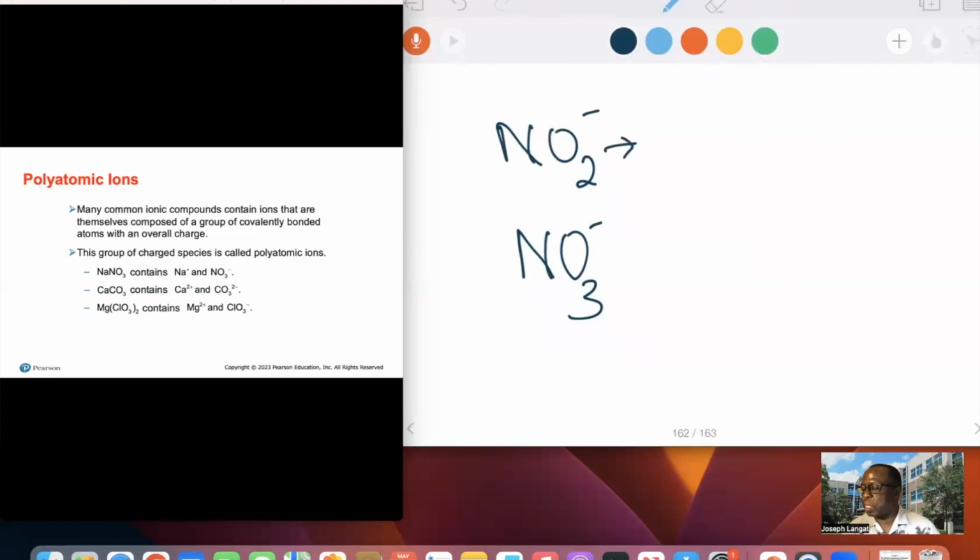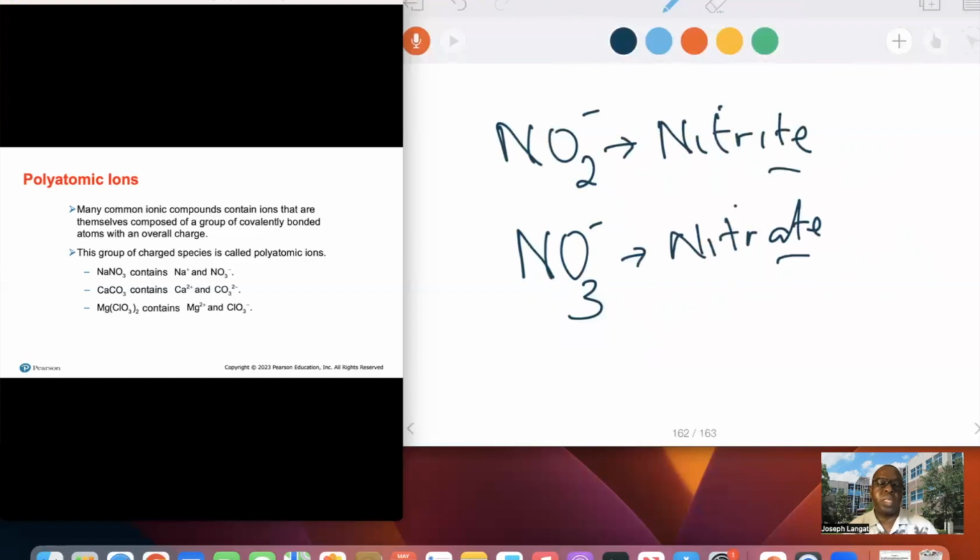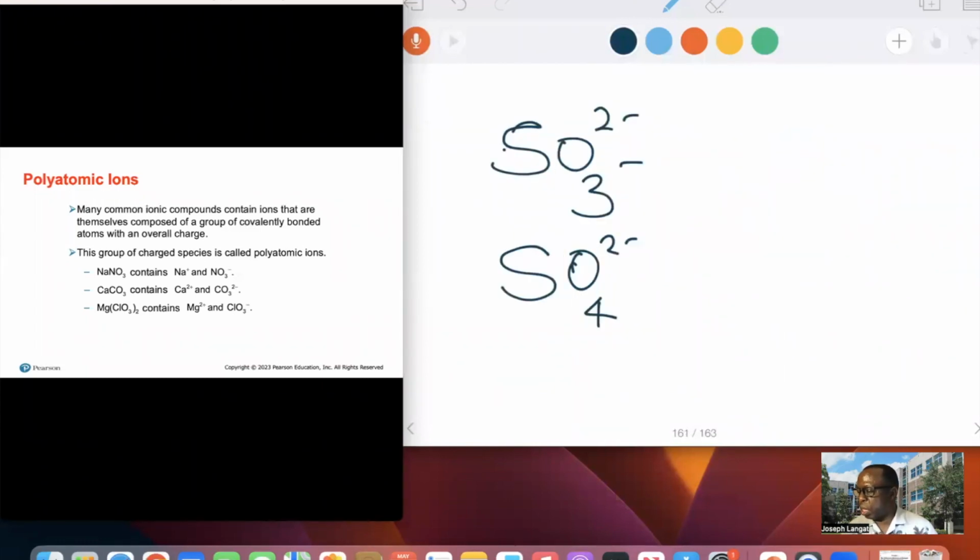This one has fewer oxygens. We call this nitrite, and we call this nitrate, ATE. Look at ITE. There is sulfite, ITE, and sulfate, ATE.